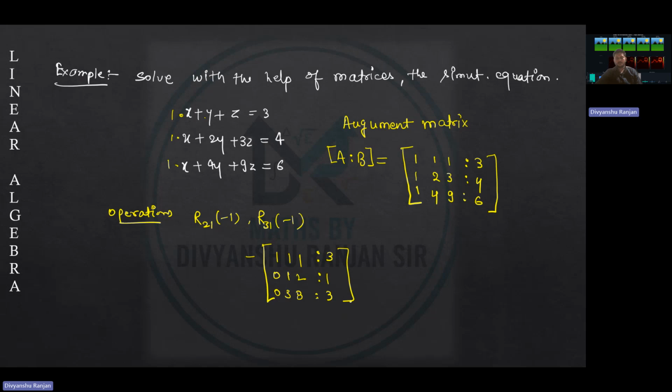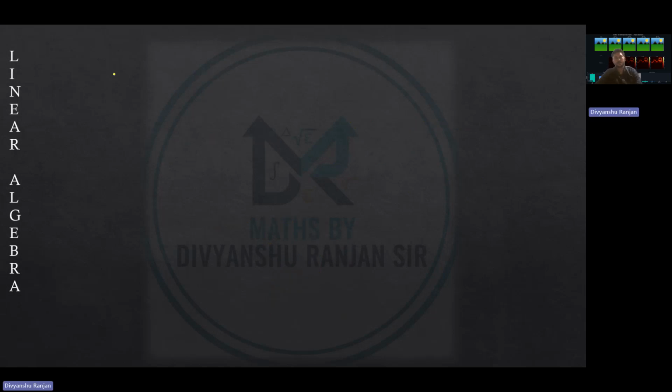Okay, the next operation is for R32: multiply by minus 3, then what you get is 1 1 1 augmented 3, 0 1 2 augmented 1, and lastly 0 0 2 augmented 0.